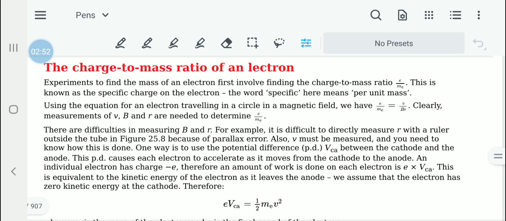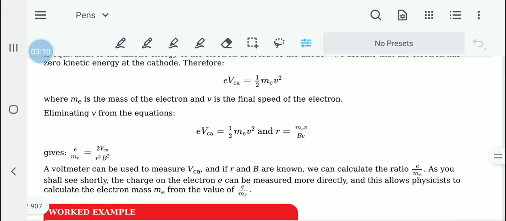This work done is equal to the kinetic energy of an electron when it leaves the anode. At the cathode we can assume it has zero kinetic energy. Therefore eVCA equals half me v squared.